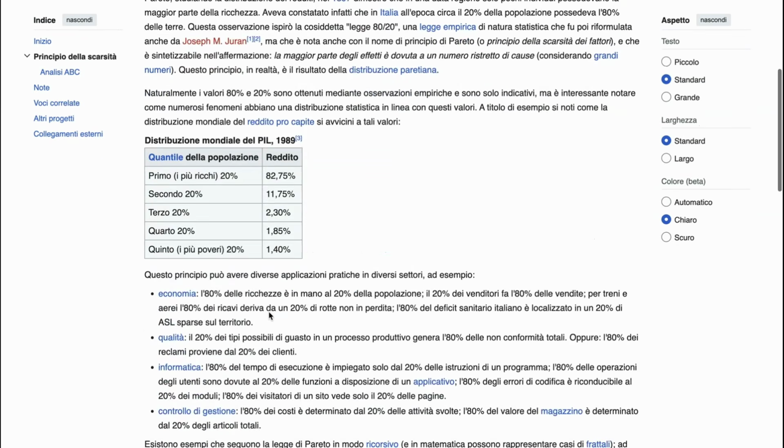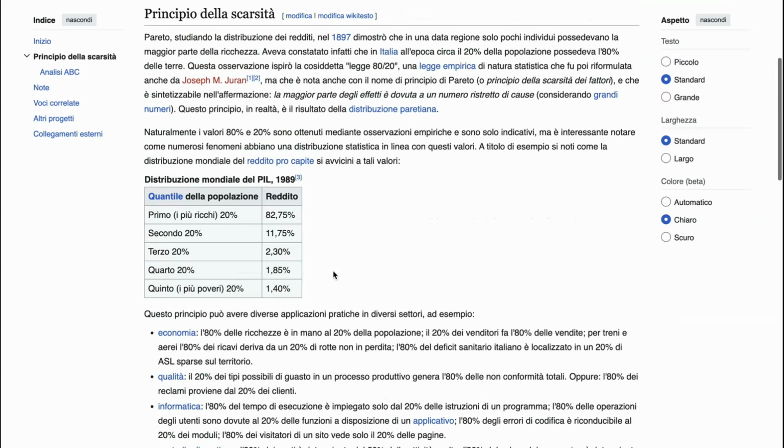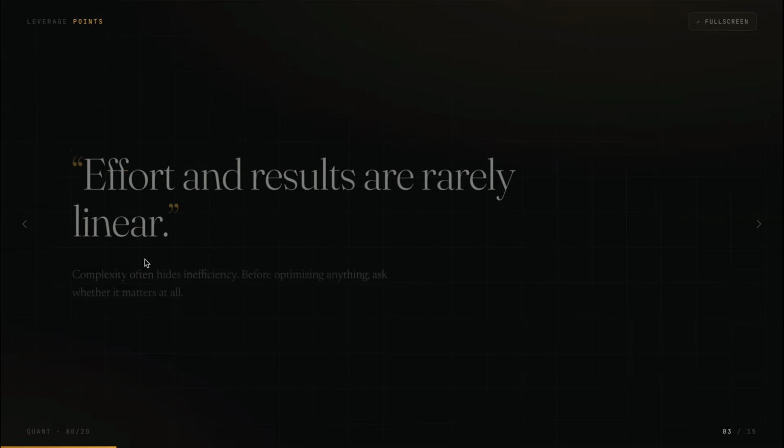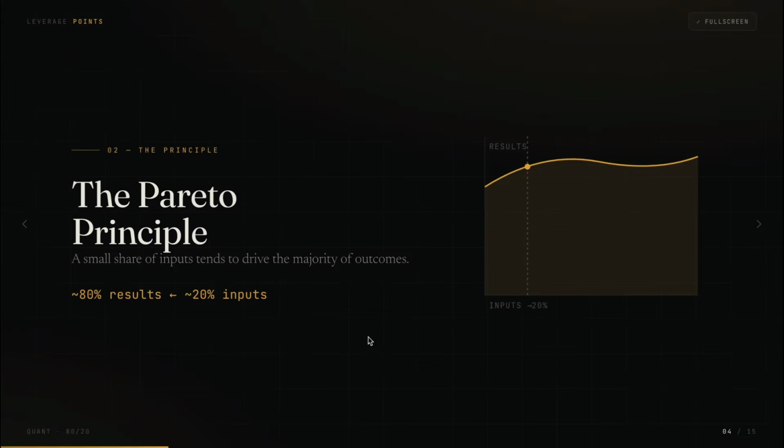But I think if you apply this concept to trading and to your own progress, you can see an insane improvement. The basic concept here is that a small share of inputs tends to drive the majority of outcomes. So the goal is to find those 20%.